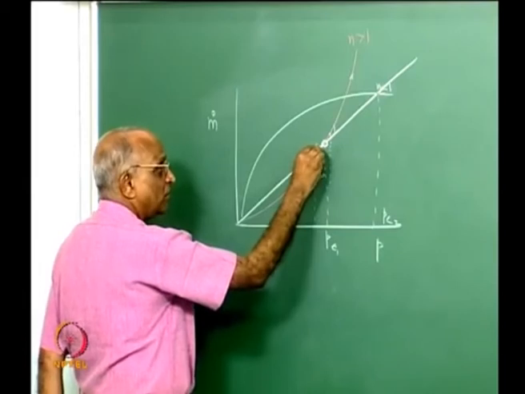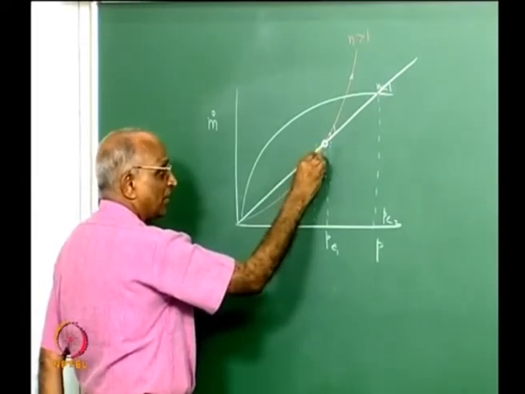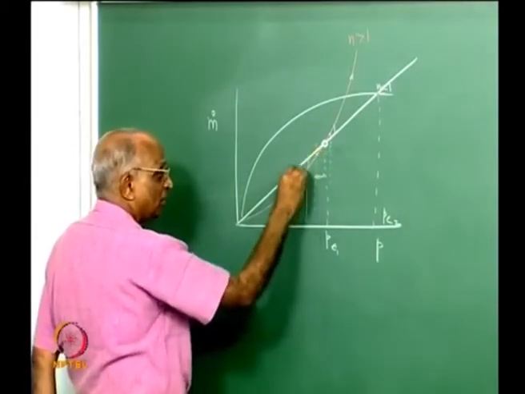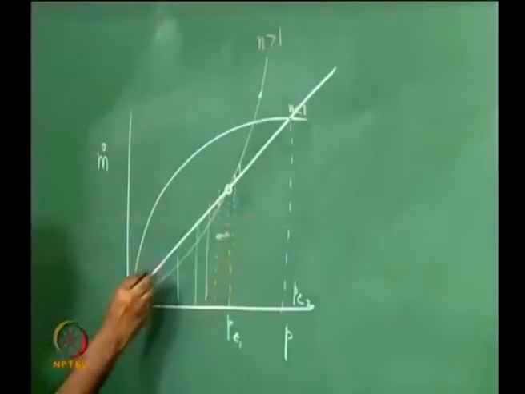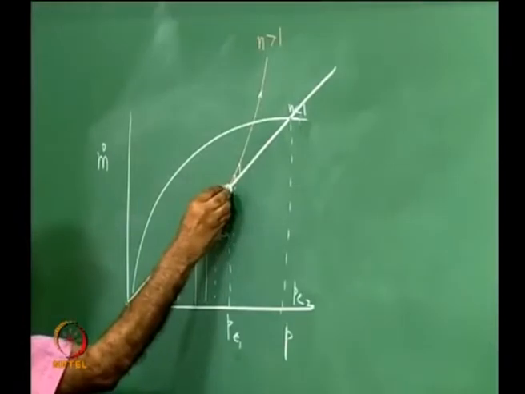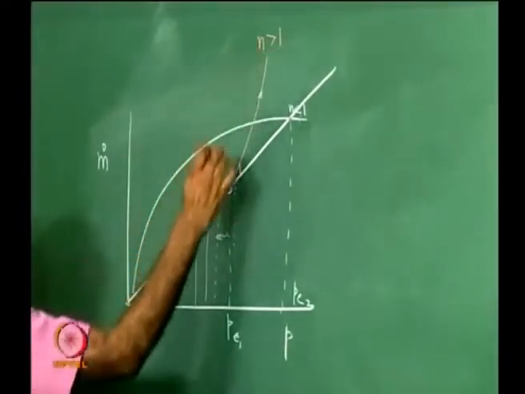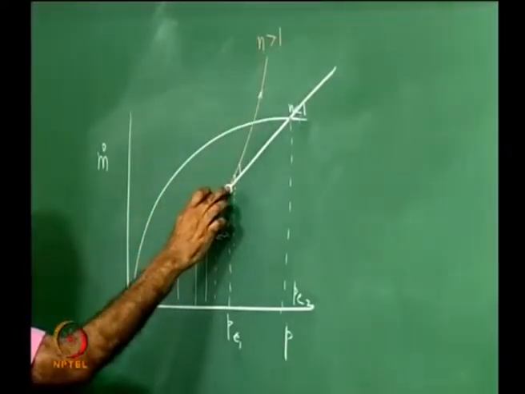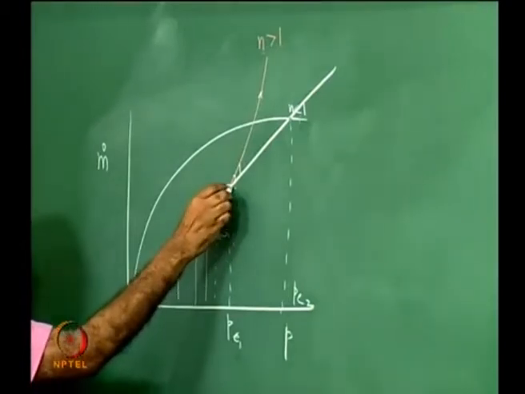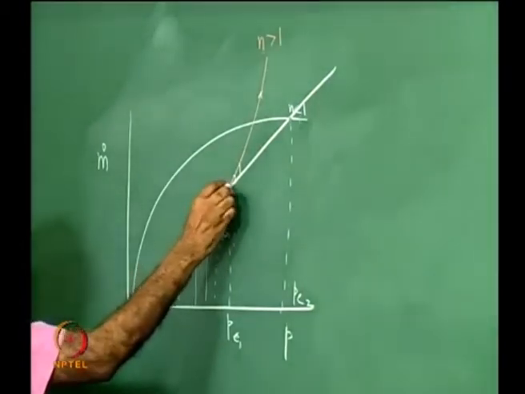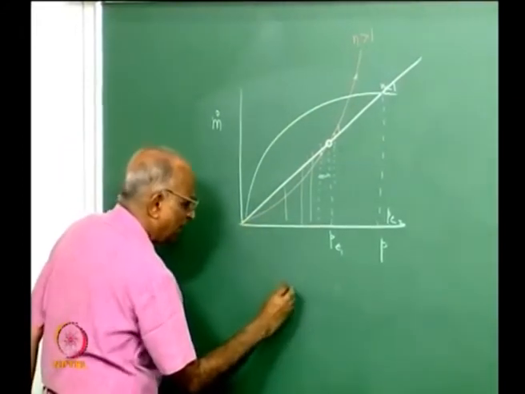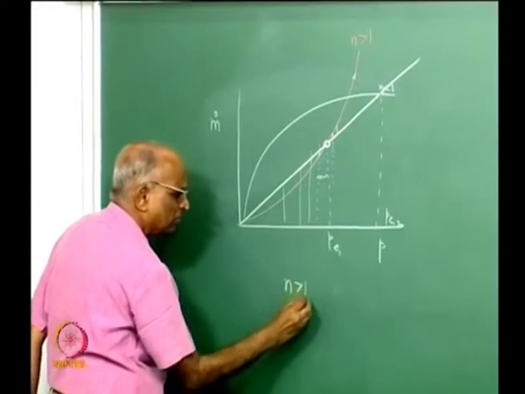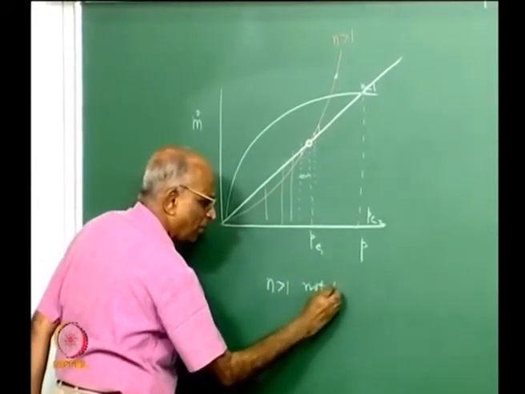In other words, mass flowing out through the nozzle is more than what is generated, therefore the pressure still falls, and it comes to extinction. Therefore, we tell ourselves, well, in case n is greater than 1, I cannot really get an equilibrium pressure, and even small changes will cause it either to explode or to quench. Therefore, we tell ourselves n greater than 1 is not desirable or not possible.